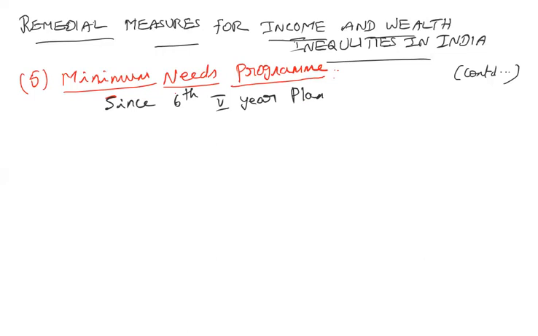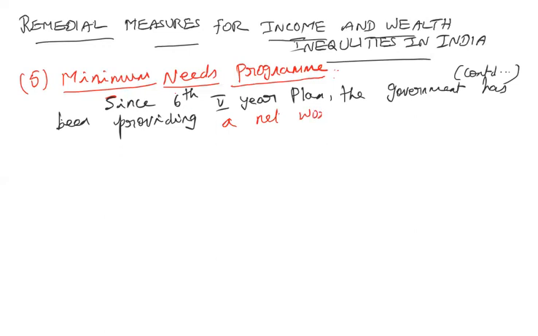So the government has been providing a network throughout the country. Especially in the villages, the poorer sections don't have all these basic facilities, isn't it? So a network of free or subsidized services at concessional rates: either it is available for free, or if it is charged, it is charged at very concessional rates.